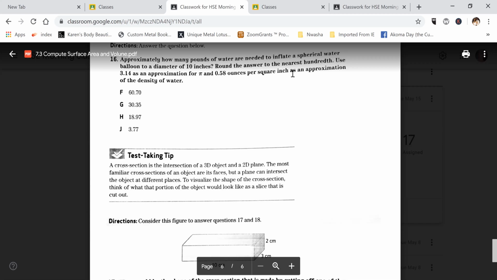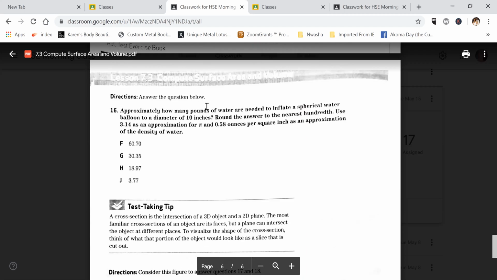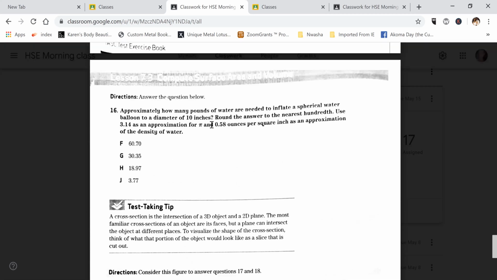You're converting ounces to pounds. So you have to recognize when you're reading a problem that they're talking about pounds of water, but then they're giving part of your information in ounces. So you want to convert that, right? So how many ounces are in a pound? 16. 16, right? So this is the number that's not in the problem that you just have to know.